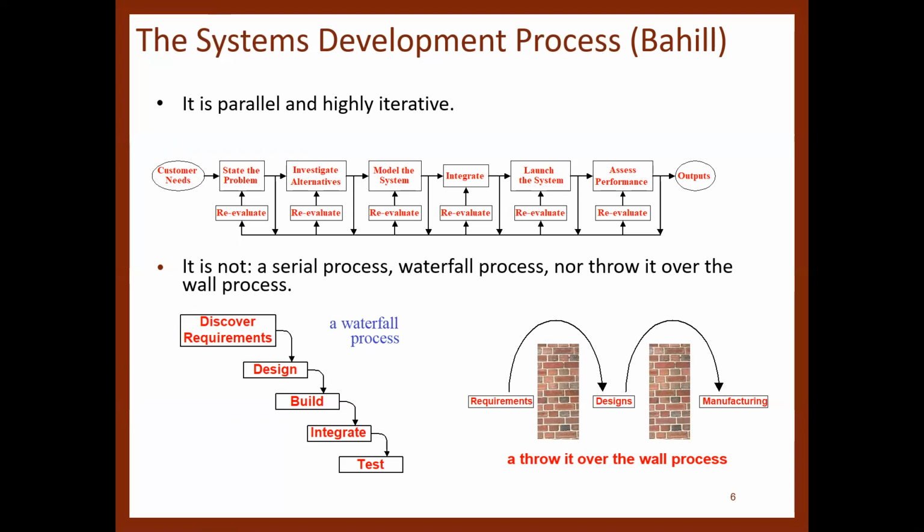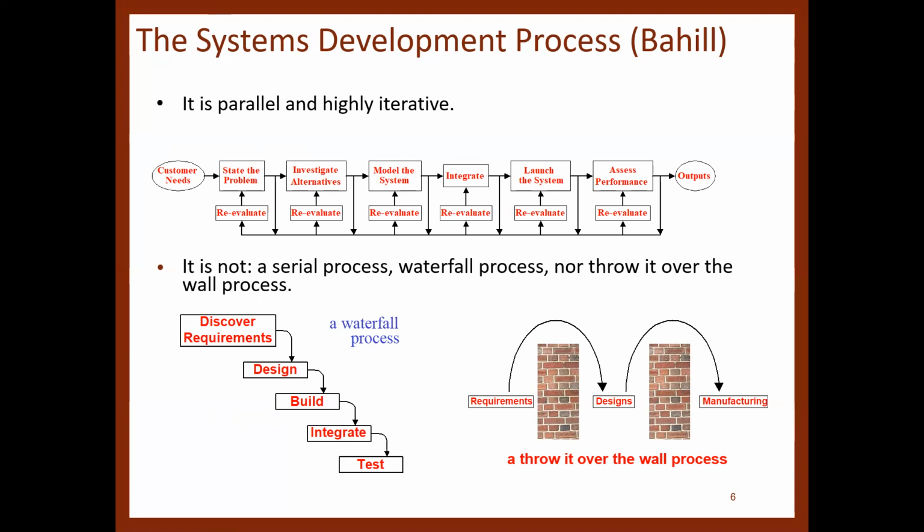So you reevaluate and you put that back into the problem, and then you move forward. And that's going to happen for all steps: investigate alternatives, model the system, integrate, launch the system, and assess the performance. In each one of these steps, you have these interrelated loops. That means that there's some feedback going on through the process.